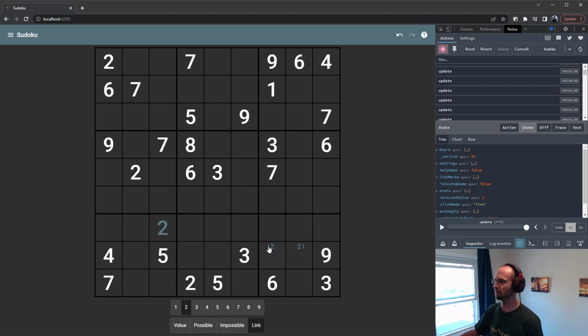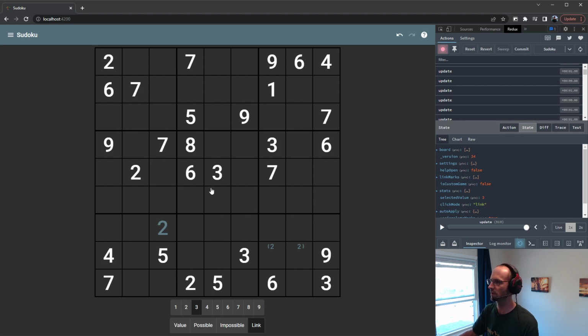So I have not only marked 2 as possible in both of these cells, but also marked that there's a strong link between them. So anytime during Snyder notation, you're putting pairs in a block where you know they're the only 2 in that block, therefore there is a strong link between them. And I guess that about does it.